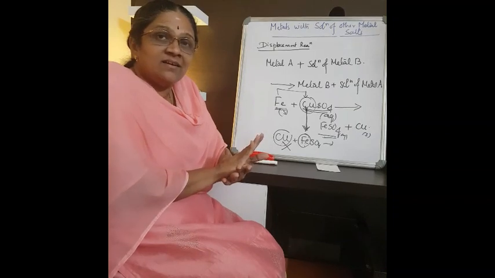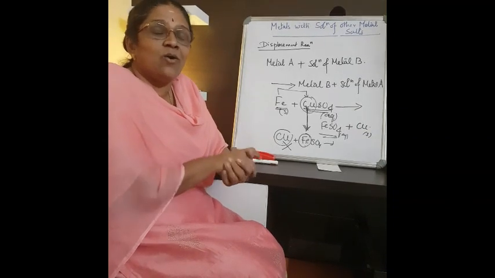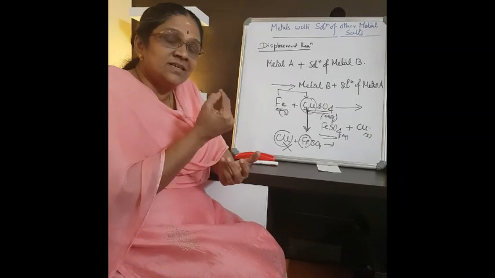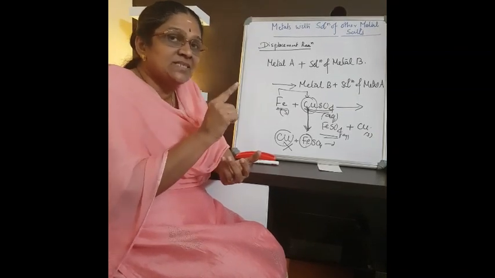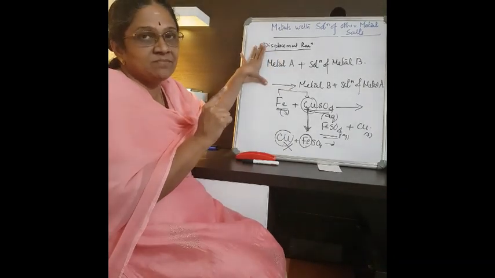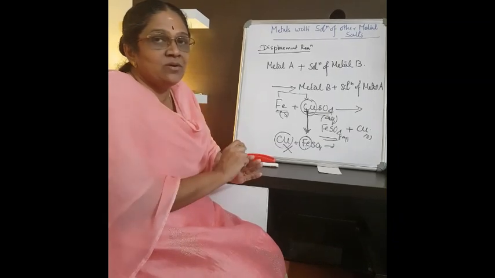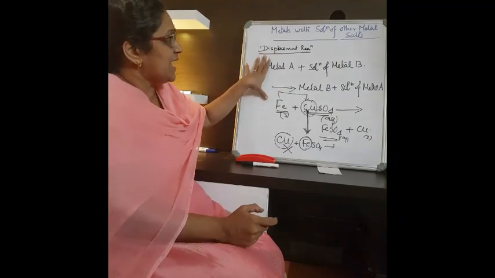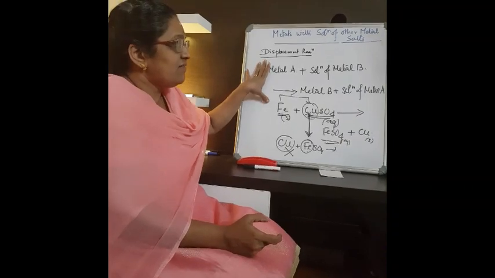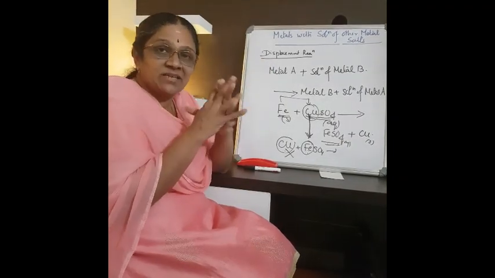And here the reactivity series comes into action. Already we learned the reactivity series in the first chapter when we were seeing the displacement reaction. That was just for information, and there itself I have taught you. But after this displacement reaction, we got a 100% idea of how the reactivity of metals depends.